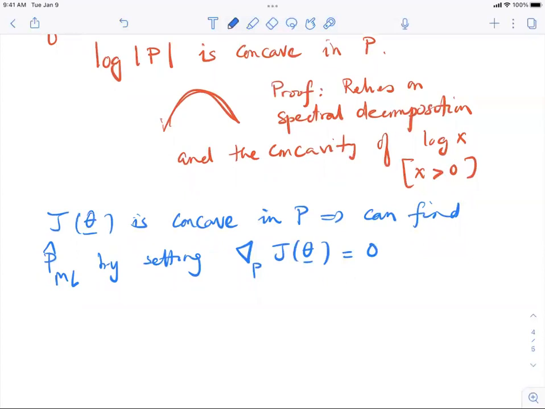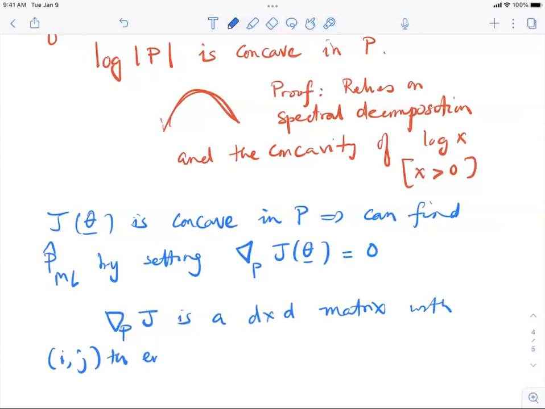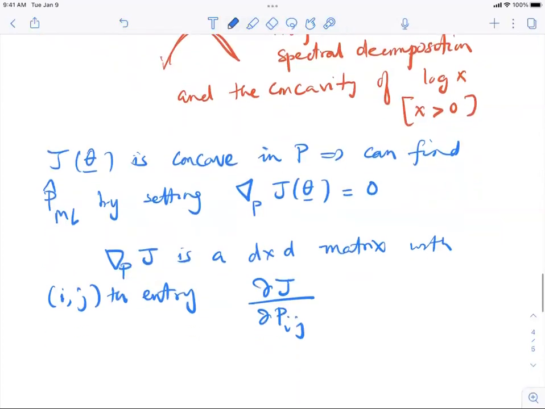Remember, I'm working in d-dimensional space, so this P matrix is d by d. So the gradient is a d cross d matrix with ijth entry, exactly what you would assume: the partial derivative of that utility function with respect to the ijth entry of P. So that's how I define it.